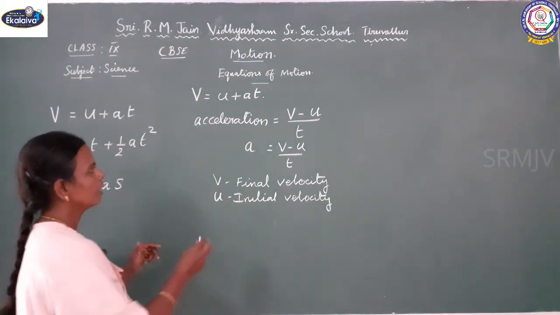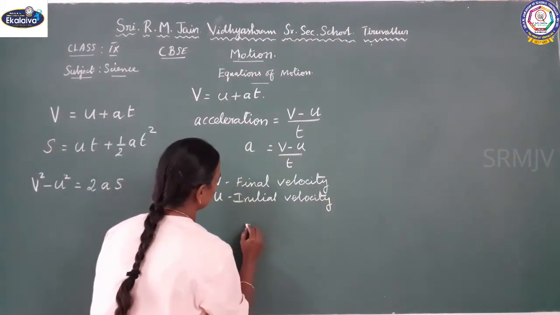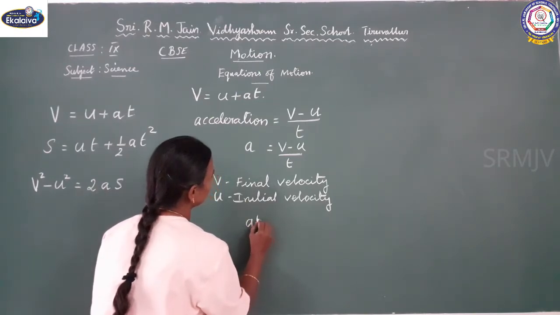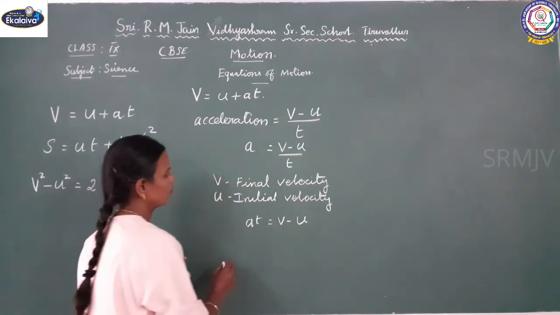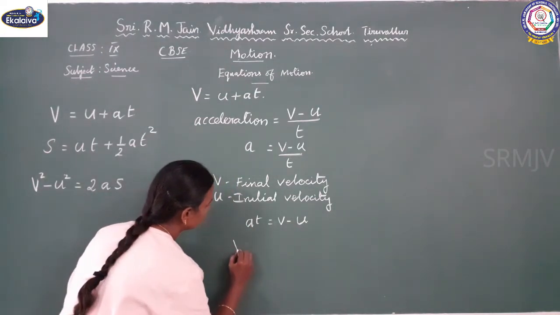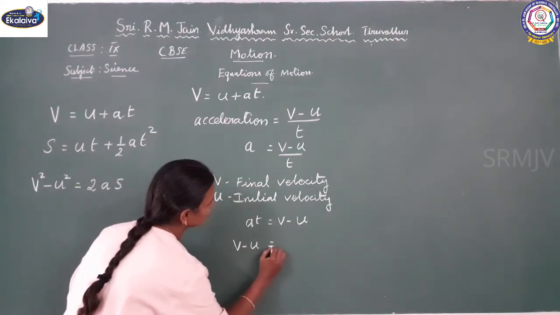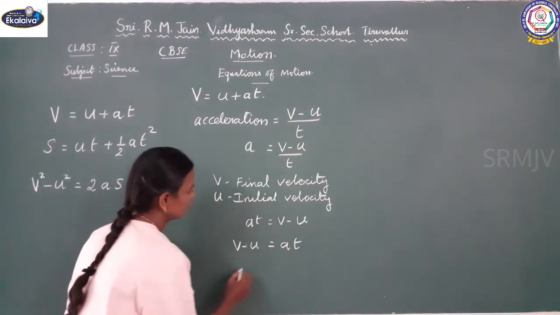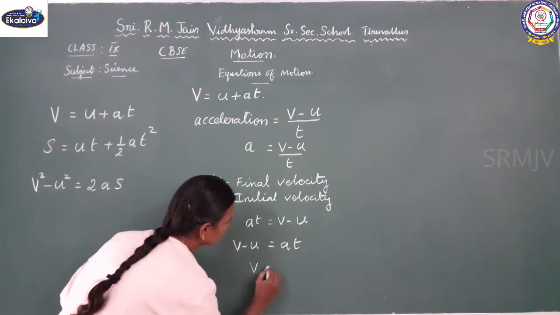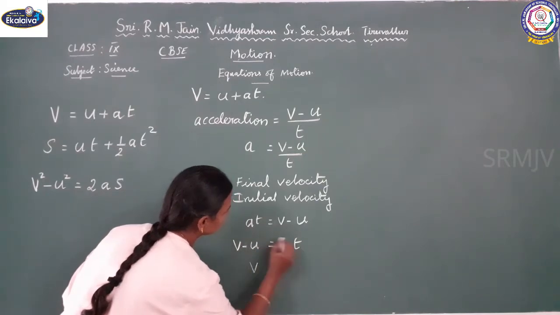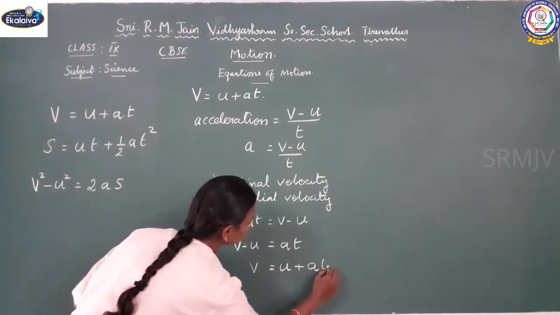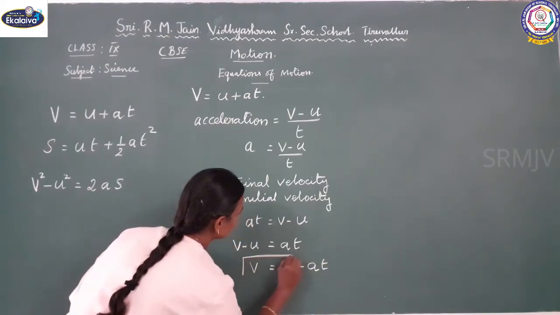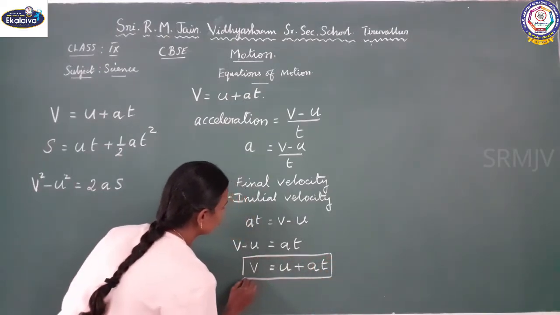Now rearrange this. at is equal to v minus u, or v minus u is equal to at. Now minus u will go to that side and become plus, so v is equal to u plus at. So this is the first equation of motion.